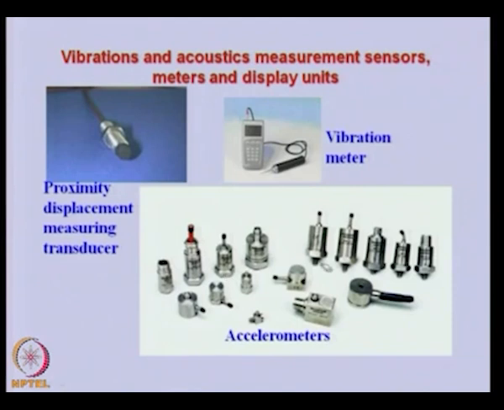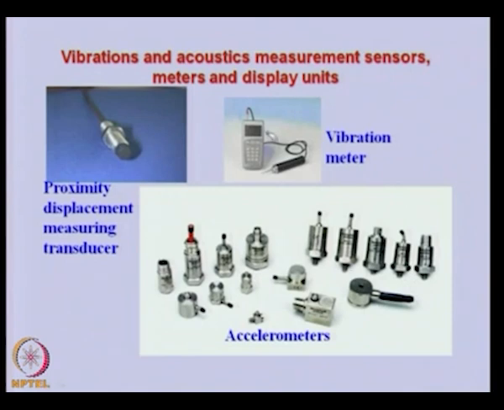There are various kinds of mounting. You can see this is the base, and threaded bolts are there, so we need to fix it onto the body, or sometimes we can glue it. So, various kinds of mounting we can have with this kind of sensor.